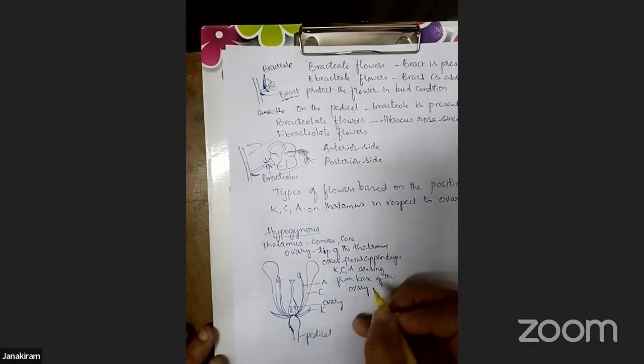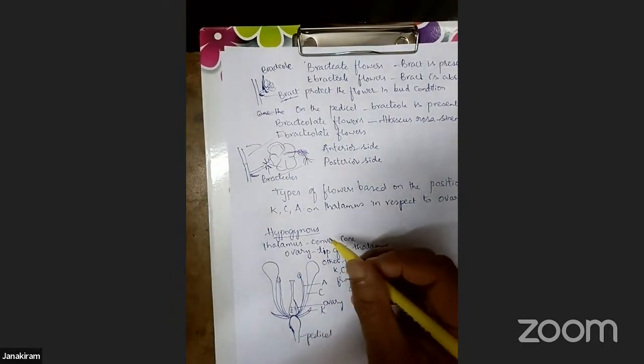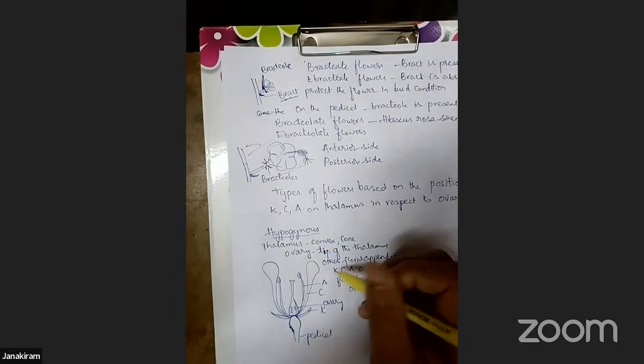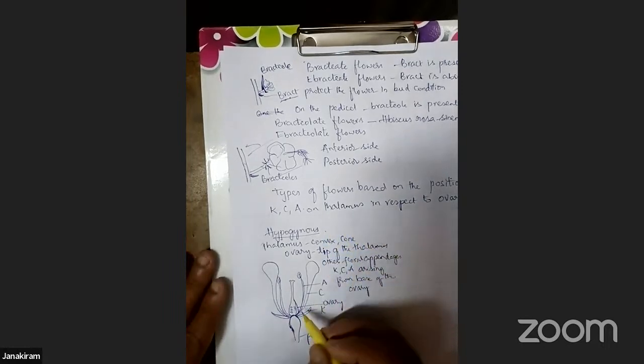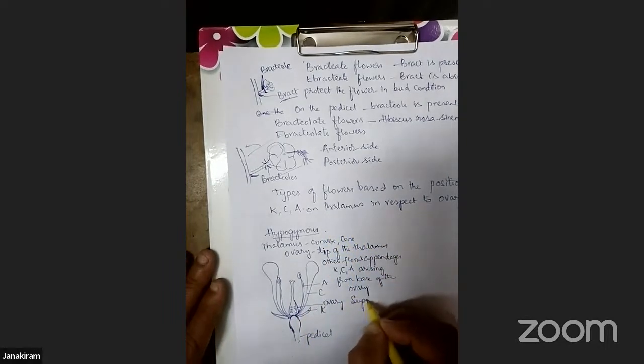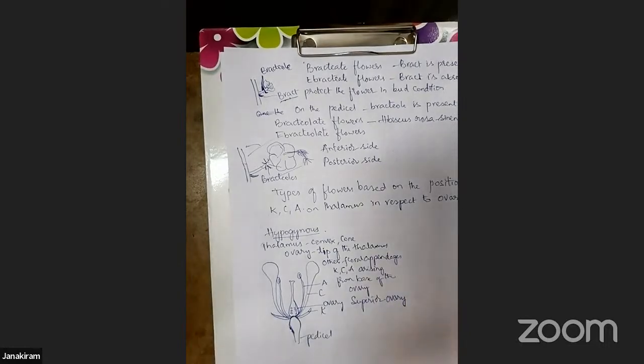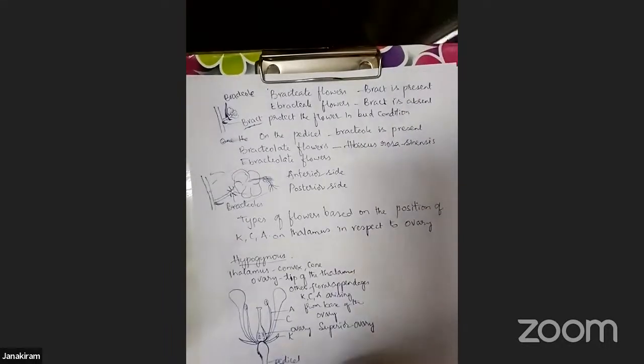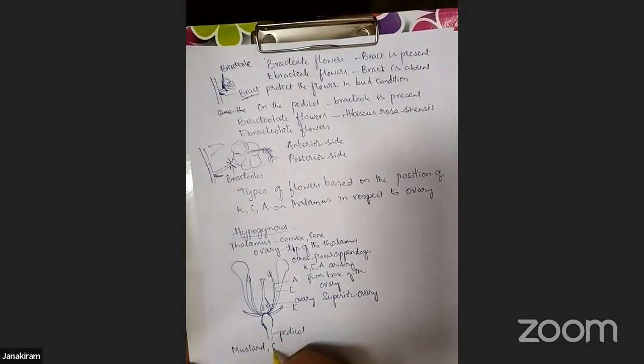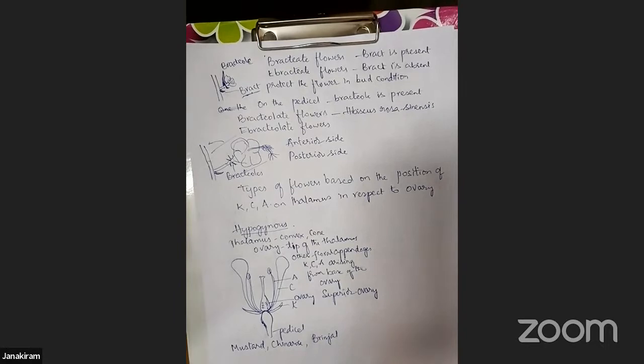That means the ovary is in the top position. So this type of arrangement of floral appendages can be seen in hypogynous flowers. As the ovary is on the top, here the ovary is superior. And this type of character can be seen in mustard, China rose, and brinjal.